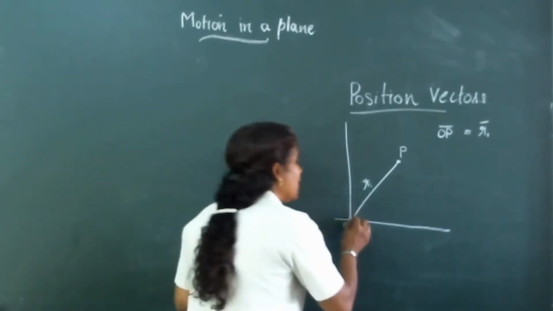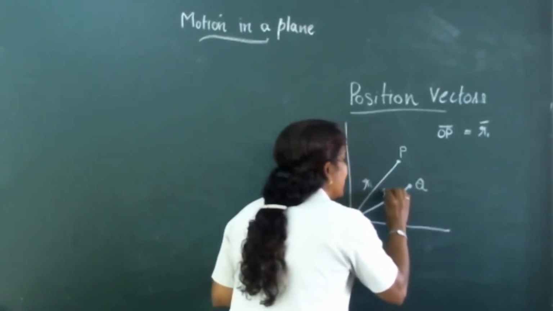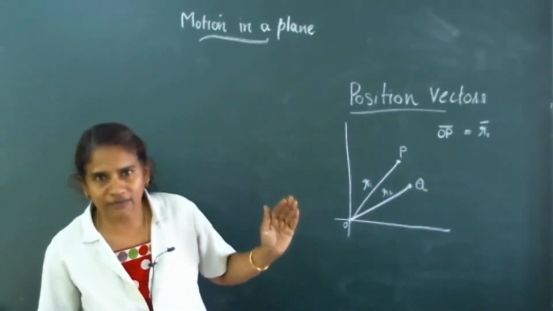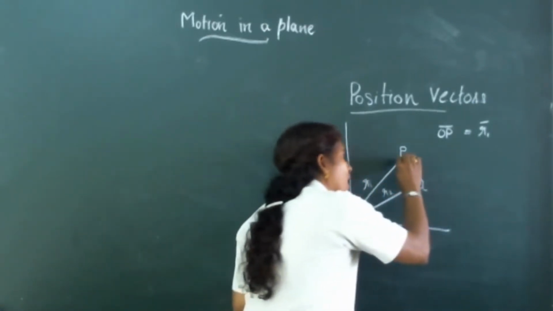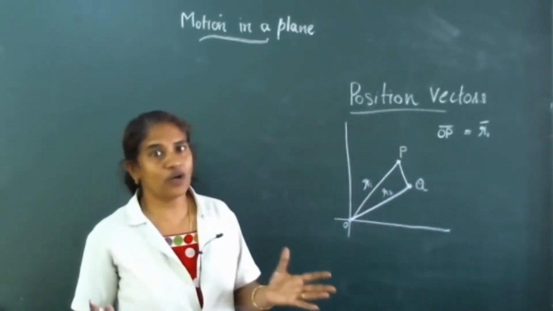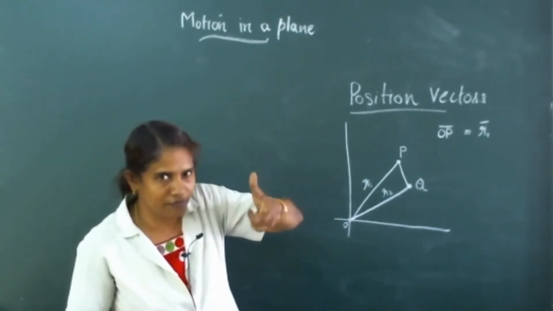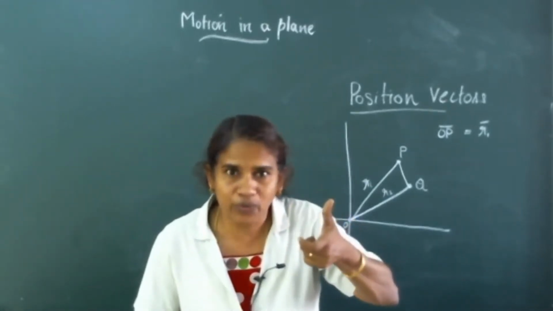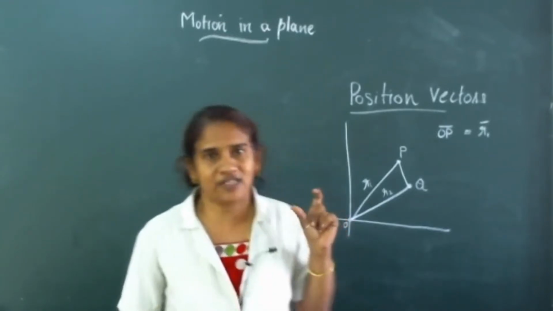Okay. Likewise, when a vector is explained with respect to origin, then it is known as position vector. OP, OQ are position vectors, right? Then, when we are representing 2 points, that is P and Q, that is not with respect to origin, just taking 2 points, and the magnitude of that distance between those 2 points, or magnitude of that vector PQ, it is not with respect to origin, that is known as displacement vector.